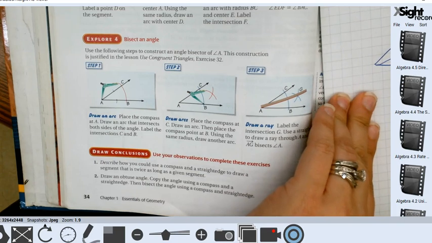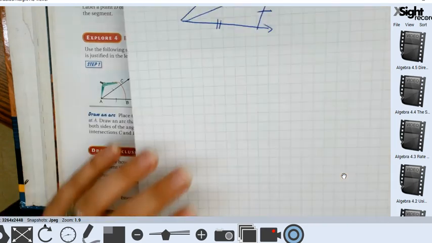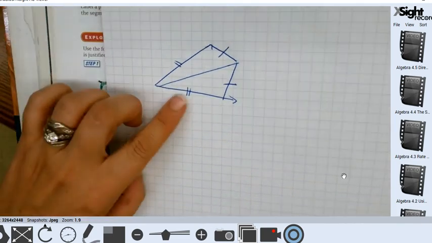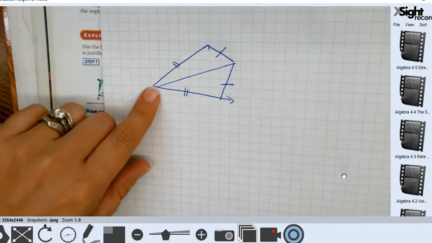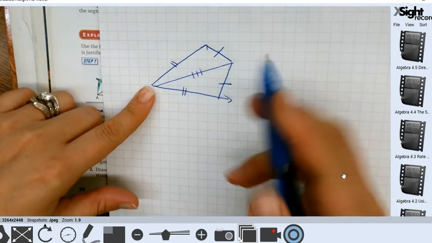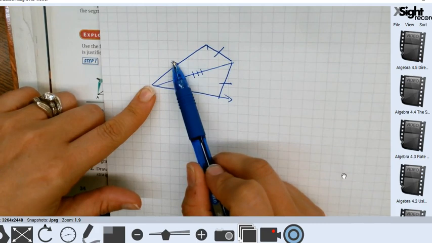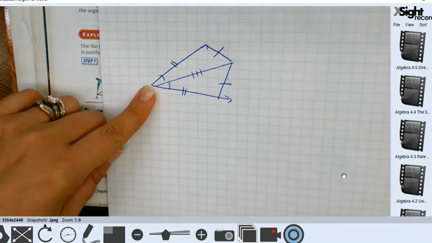So far we know that these are congruent and these are congruent, right? What else do we know are congruent? So we know for sure these are, and then these are, right? We have a reflexive. So we know that this triangle is congruent to this triangle by side, side, side. Therefore, corresponding parts of congruent triangles are congruent, and it proves that it is bisected.